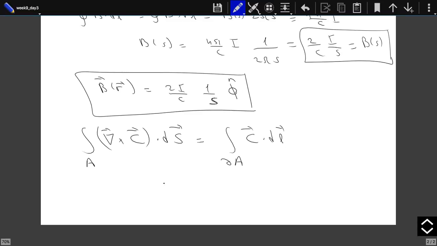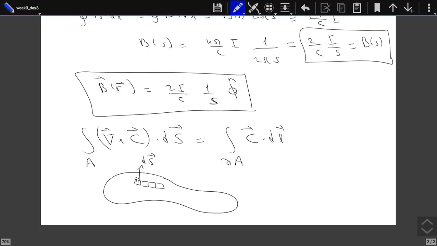If you have any surface, ds is a vector normal to the surface. You have your area divided into very small segments. At each segment you define a ds, and ds should be perpendicular to this area. You have two choices. You can choose whichever one you like. Let's choose the upward direction. This is our direction of ds. Now the problem is we also have to choose the direction of dl consistently. And by consistently, I mean you use the right-hand rule.